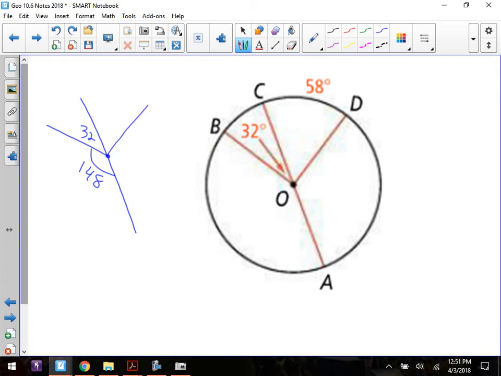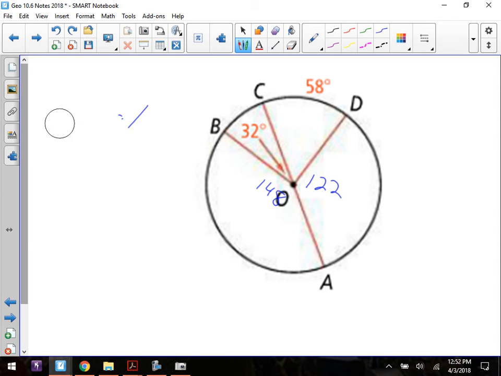If this much here is 58, what does this part have to be? It's the same premise. You've dealt with all of these problems before. The only thing that's different is that there are curves going around. You do all of the exact same style math. So if we're looking at this, I wind up with this being 148 and this being 122.